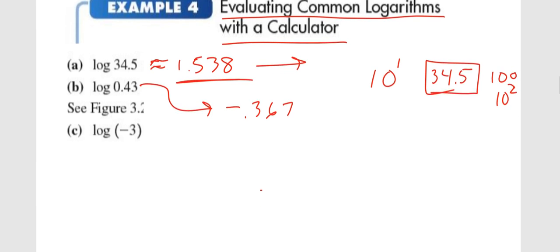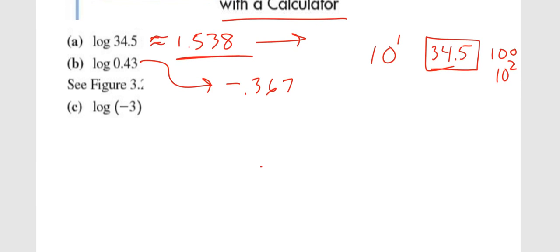Now, why is that negative? Because we know that 10 to the 0 power is equal to 1, and 0.43 is below 1, so that means the exponent has to be below 0. Exponents can be below 0.